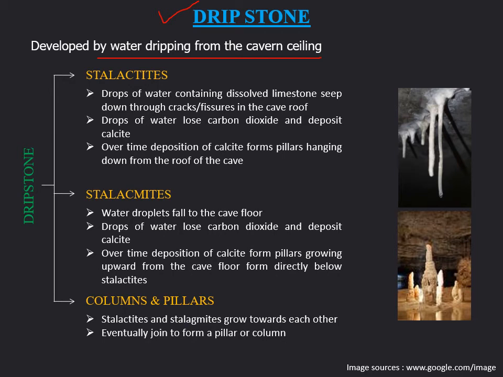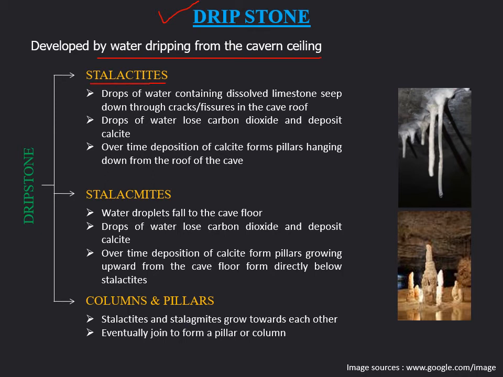The first type of dripstone is known as stalactite, which includes the downward extending carbonate deposition, that is, when water drips from the ceiling of the cave and produces these vertical linear structures hanging from the cave ceiling or roof. These are known as stalactites.